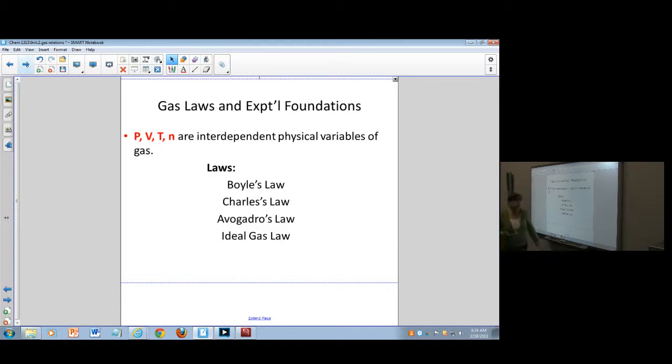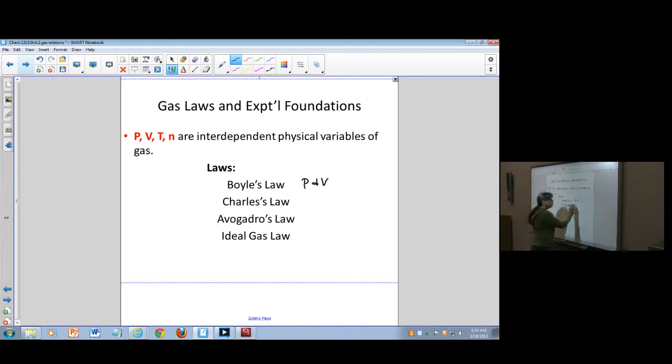All right, so there are several laws. I don't really expect you to know their names, but you definitely need to know what their relationships are. So Boyle's law is the first, and Boyle's law says basically that the pressure and the volume are related. So we're talking here about experiments between pressure and volume. Then there's Charles's law.